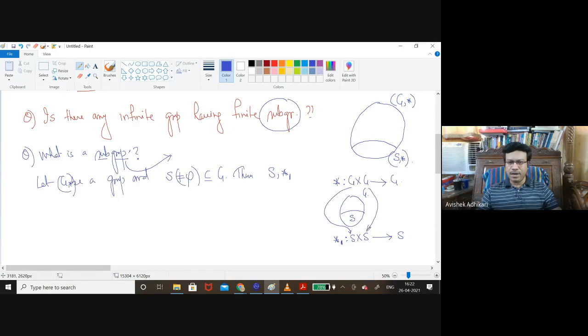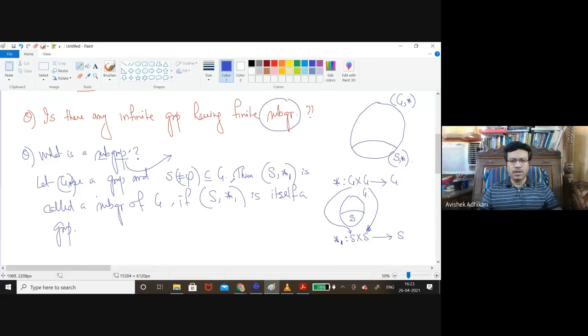You might have heard about the restriction of a function in your analysis class. So here this is a restriction. If this holds, then this is called a subgroup of G if S with respect to star one, which is exactly the star restricted to S, is itself a group.